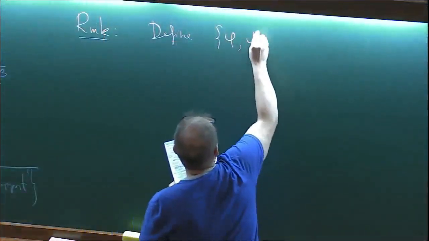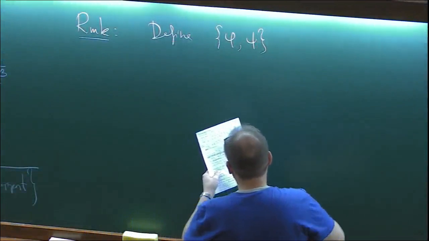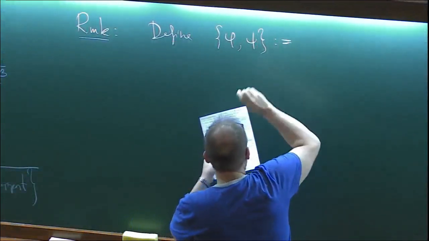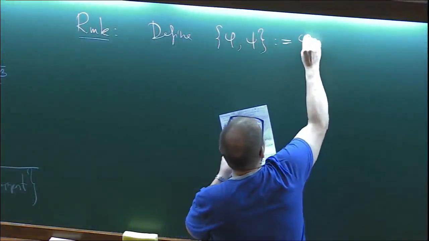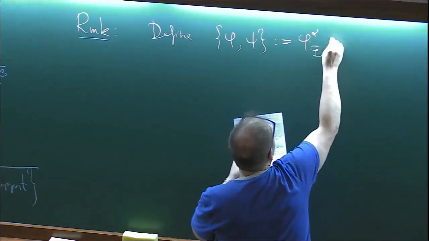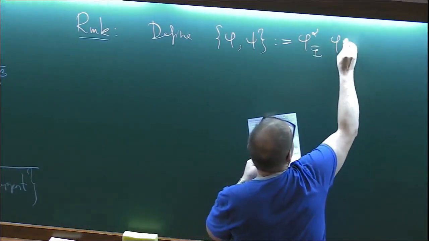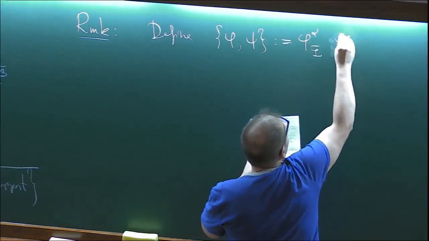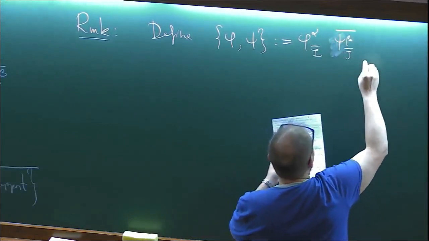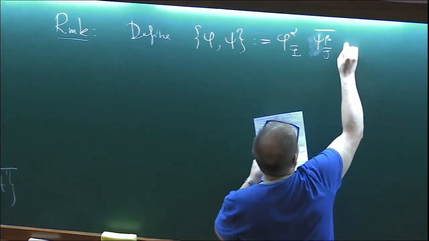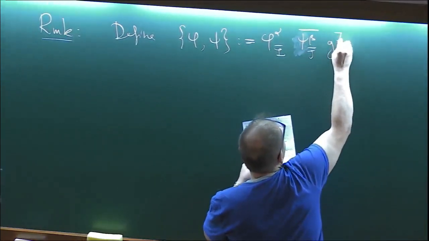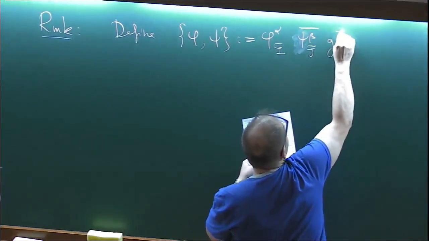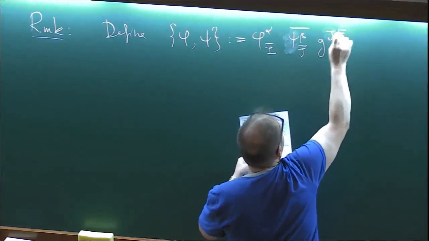So you can define phi C to be phi alpha I bar, phi sub C beta J bar conjugate. Now you have, let me make a short notation, G, J, I bar.